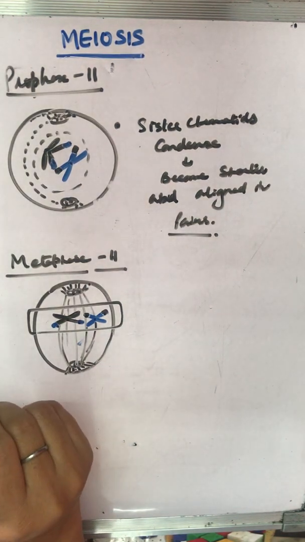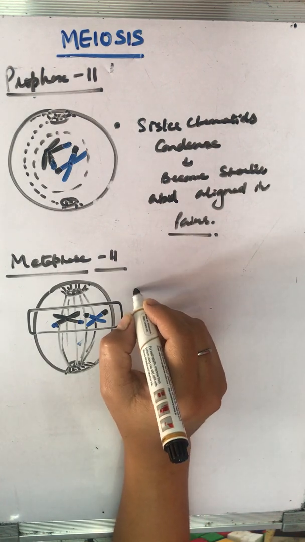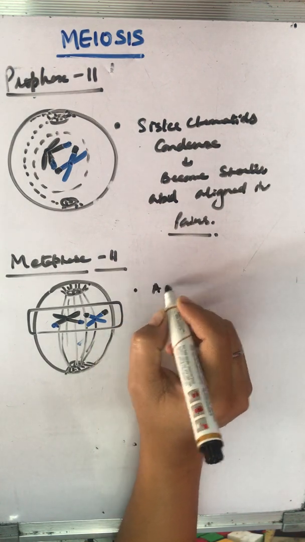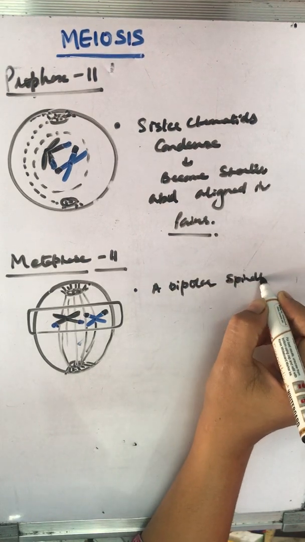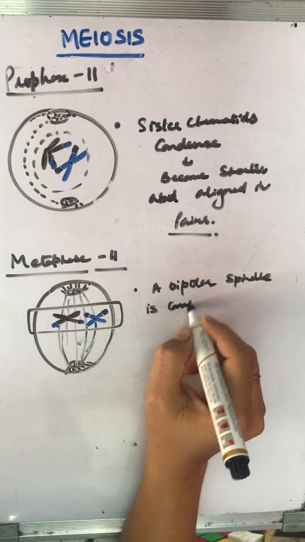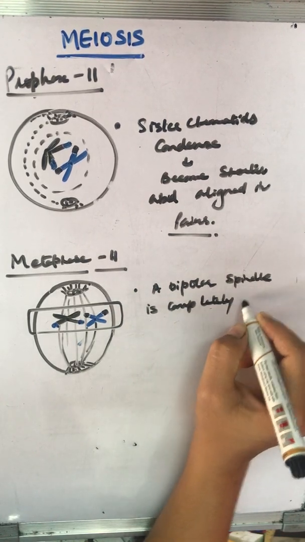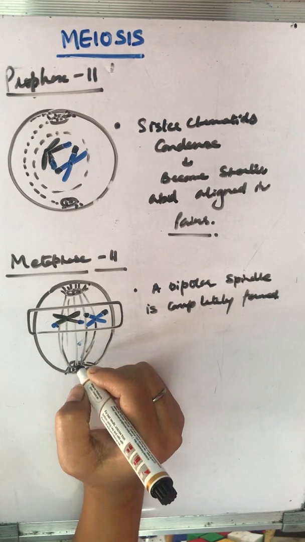What do we write for this? We write that a bipolar spindle is completely formed. A bipolar spindle is completely formed at both the ends, right? Opposite ends.